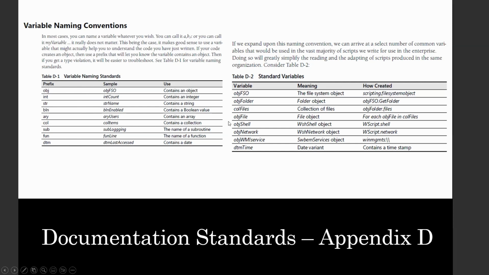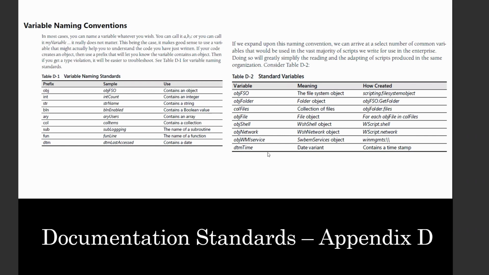Here, there are a bunch of common variables that are used in scripting when we use VBScript when working with a Windows machine. These are standards that are used within the Windows environment. For example, here we used an obj shell, and it is a Windows Script Host shell object, WSH, and we create it by using wscript.shell.